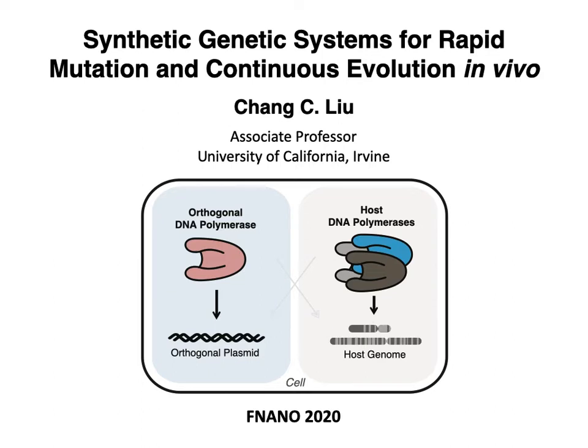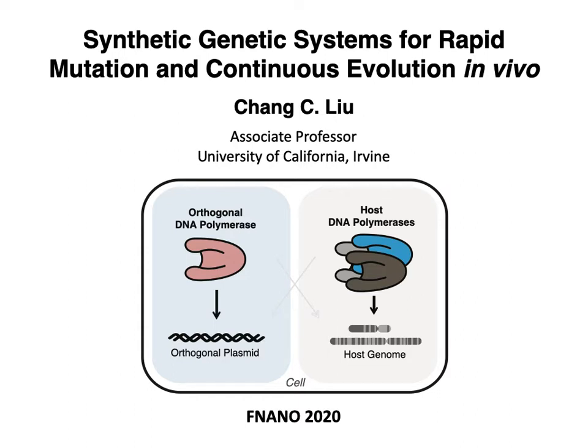I'm going to tell you about our work on the development of synthetic genetic systems capable of rapid mutation and continuous evolution in vivo, focusing on the system shown on this title slide. We have made a cell that has what we call an orthogonal replication system, consisting of an orthogonal DNA polymerase that only replicates the orthogonal plasmid and not the host genome.